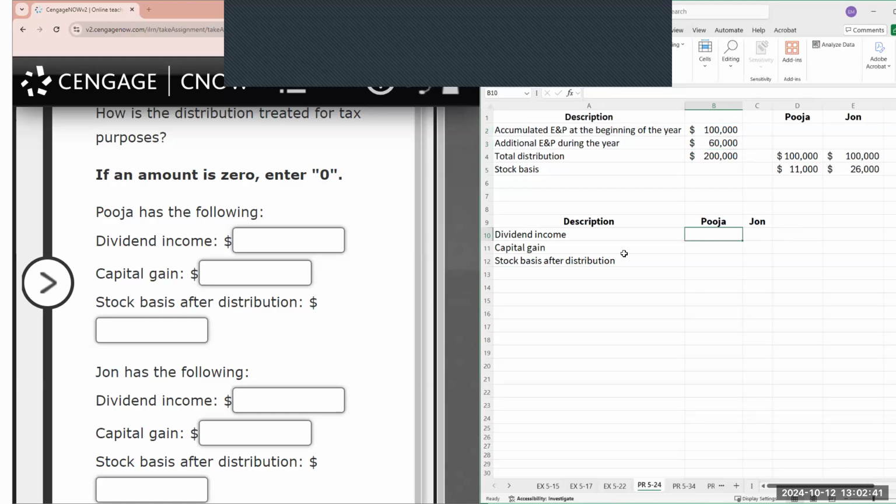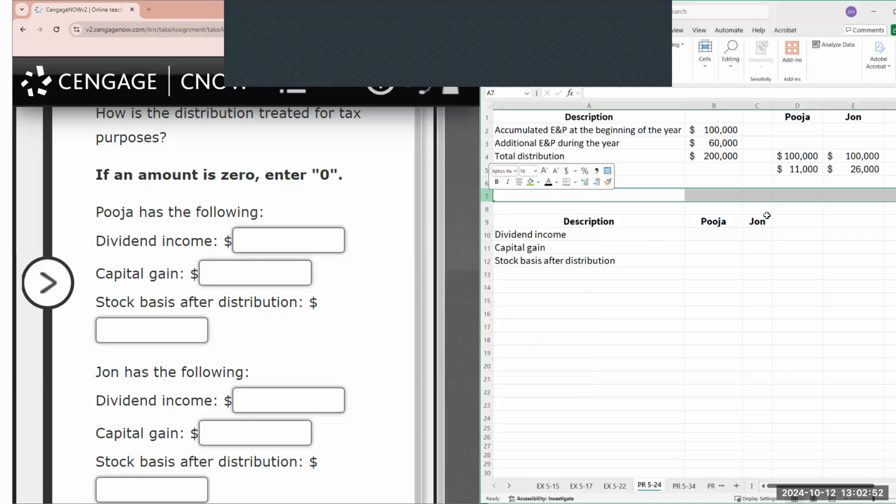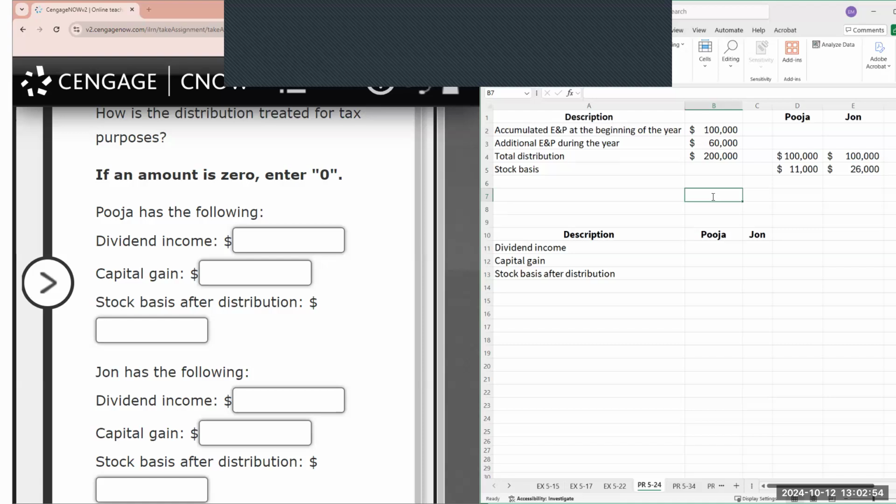So for both Pooja and John, let's do it this way. For the total distribution, we have the 100,000 plus the 60,000. We add them together, and then we divide by 2. So 160,000 divided by 2.